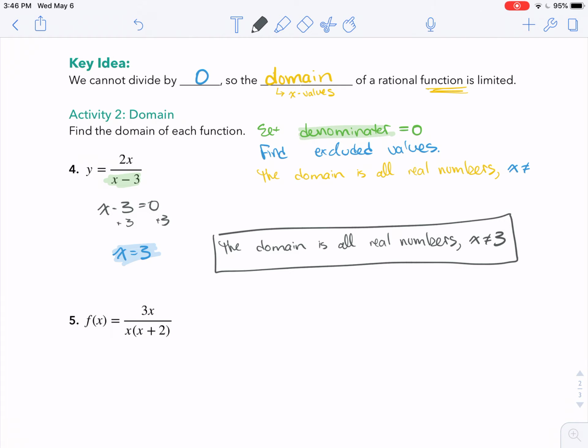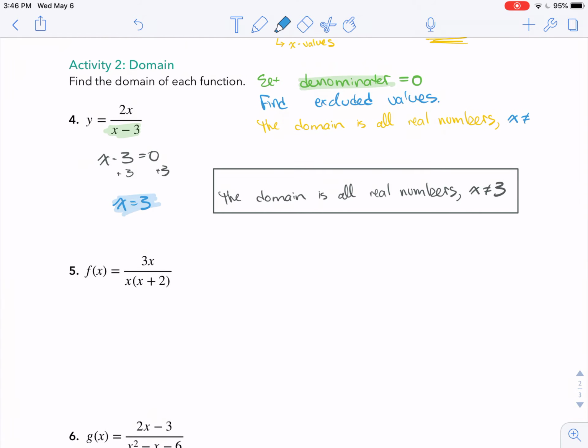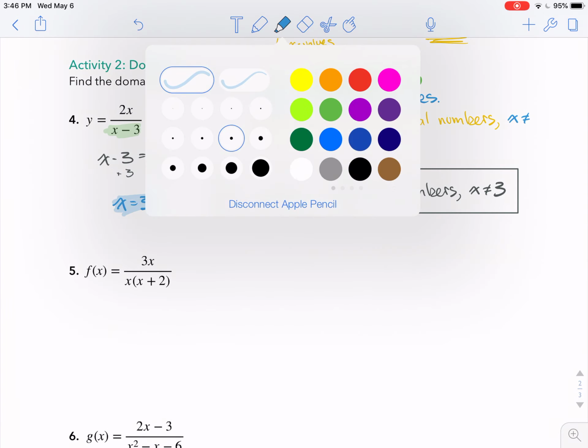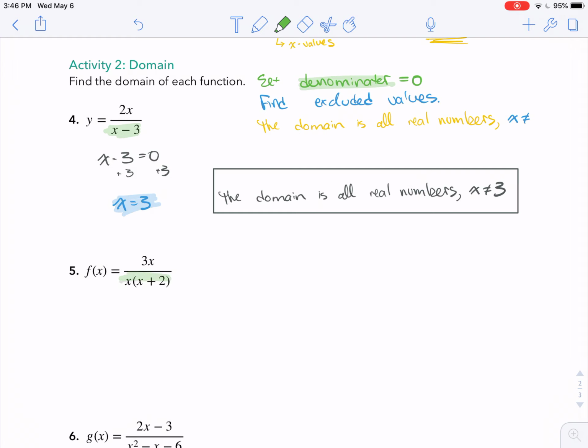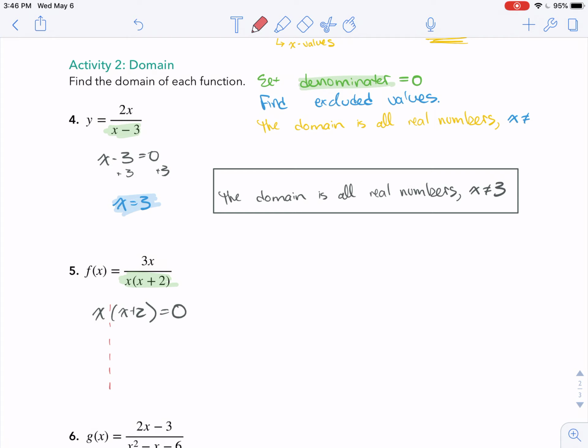Let's do it again. First step, we need to set our denominator equal to 0. Here's our denominator. Let's set that equal to 0. So we have x times x plus 2 equals 0. Now we have two factors, so let's split them up. x equals 0, and x plus 2 equals 0.